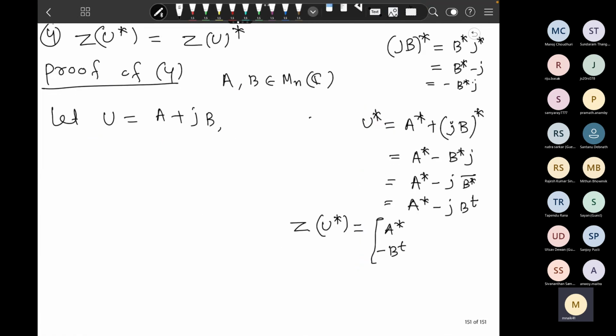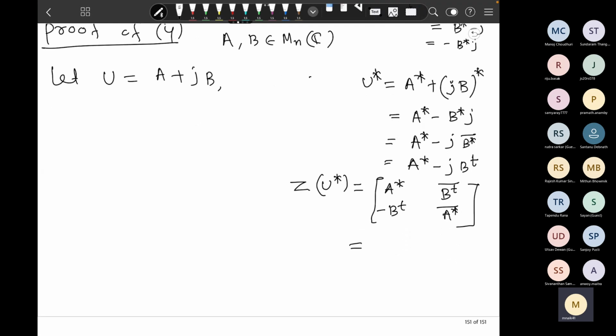So I take a minus of that thing, B transpose bar, and this is really A star bar. This would be A star, B star, minus B transpose, really A transpose.